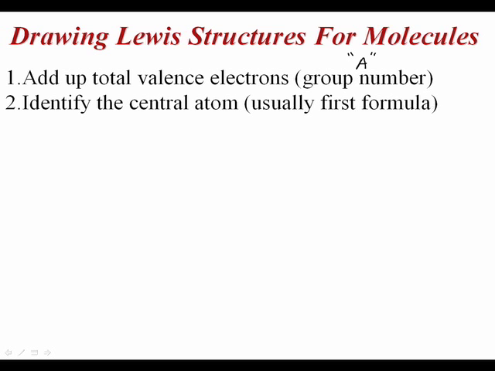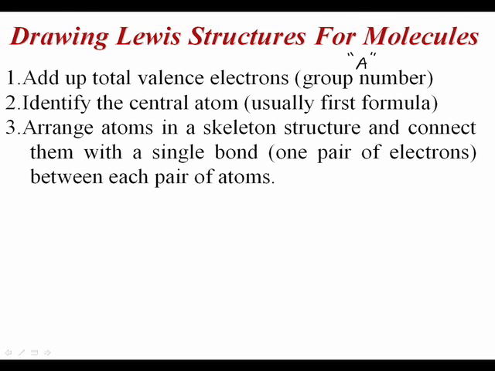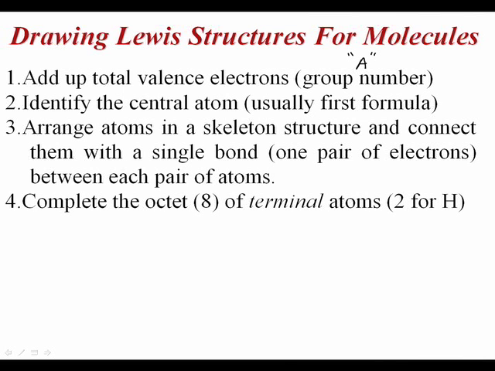Then we're going to identify the central atom, usually first in the formula. We're going to arrange the atoms in a skeletal structure and connect them with a single bond, that is 1 pair of electrons between each set of atoms. Then we complete the octet, 8 electrons around the terminal atoms. Those are the ones at the ends.